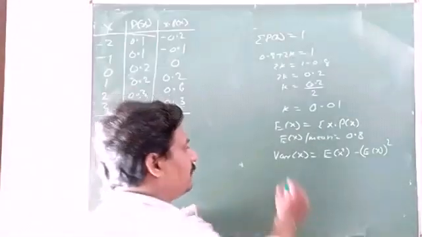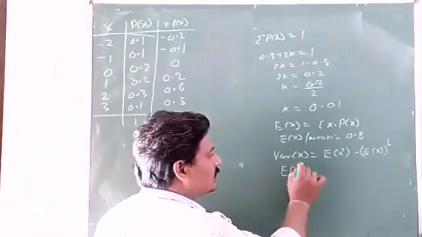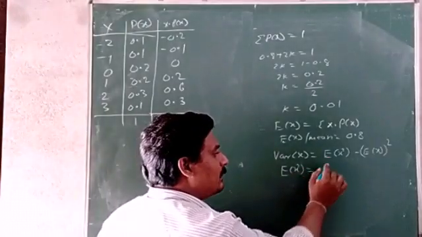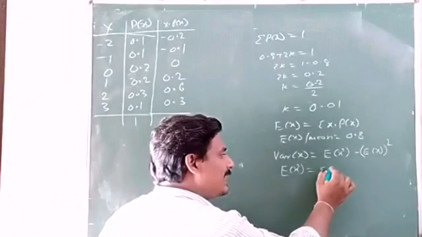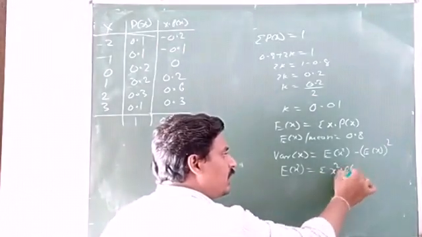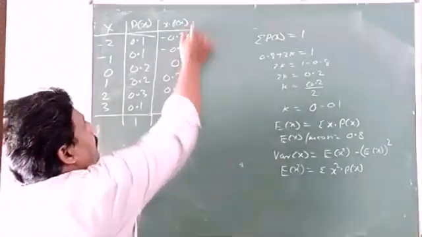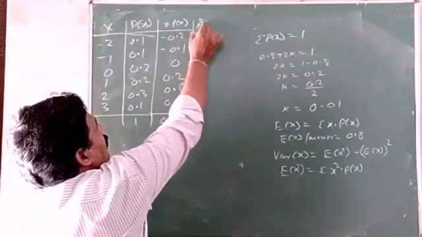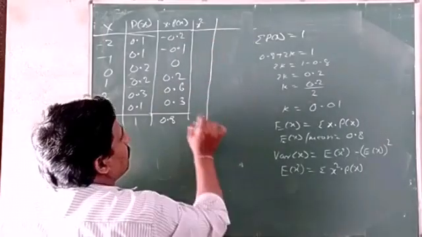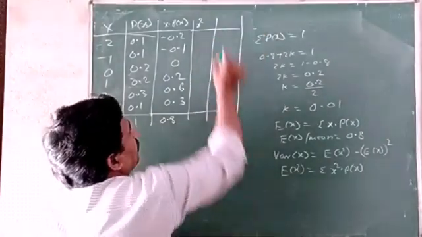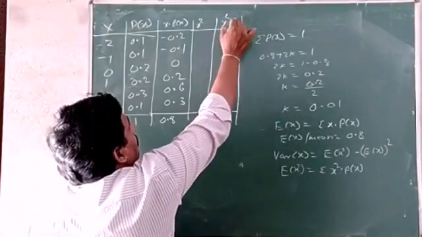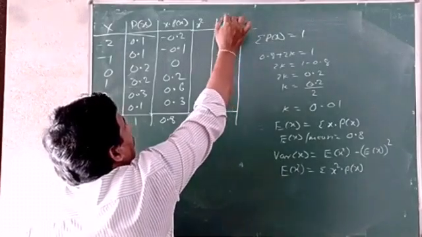So expectation of x square is equal to summation of x square into p of x. So first we need to find the x square column. Then we'll get x square into p of x.